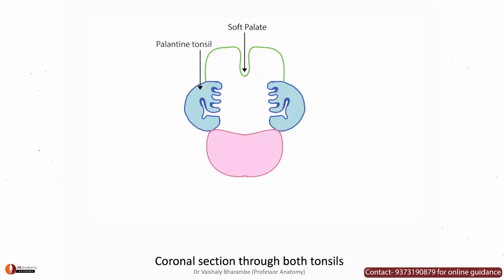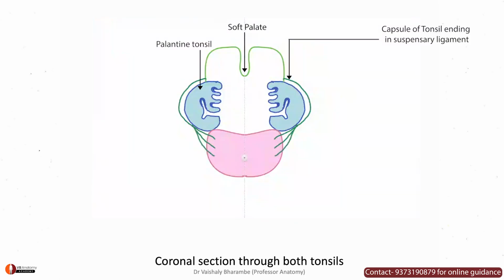Now, there is a condensation of connective tissue just lateral to the tonsil, which indicates the presence of a laterally present capsule. This capsule gets attached to the dorsum of the tongue on both sides, anchoring the tonsil in place. This anchoring ligament is called the suspensory ligament of the tonsil.